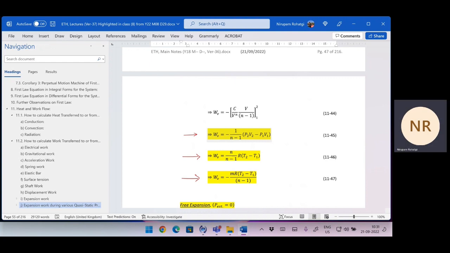Mathematics only. So first is P2 V2 minus P1 V1 divided by n minus 1 and negative of that. Then you can replace P2 V2 by nRT. You get this equation, and you can write it in terms of mRT also if you want, the same thing, depending upon how your R is specified. If R is specified in moles, you will take nRT. If it is specified in kg, you will take mRT.